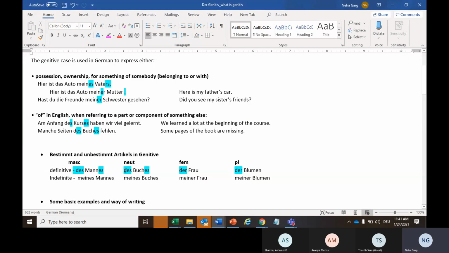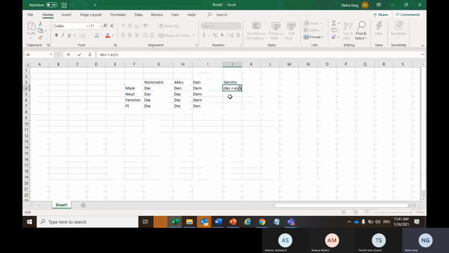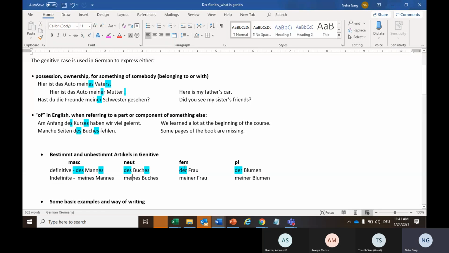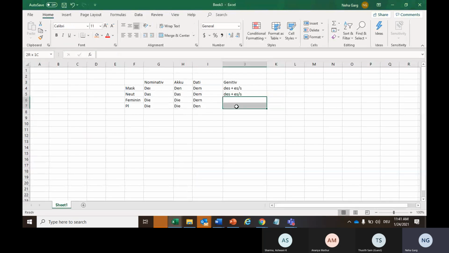The same happens with neuter also: das changes to des plus an extra s or es with the noun. Then we have feminine and plural. Feminine and plural in the genitive case are pretty simple. They remain just der and der, with no changes.